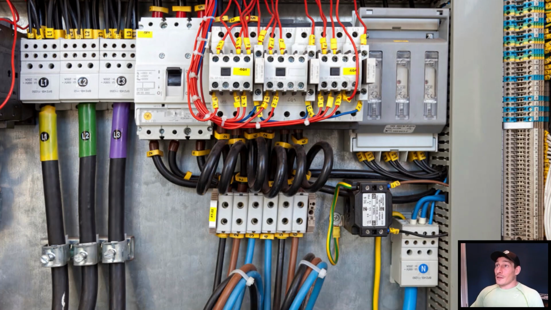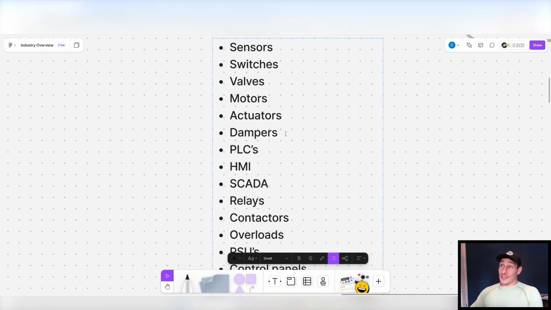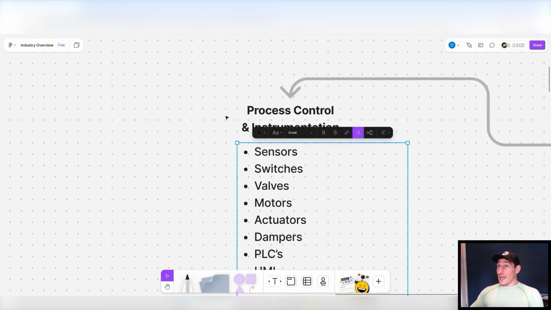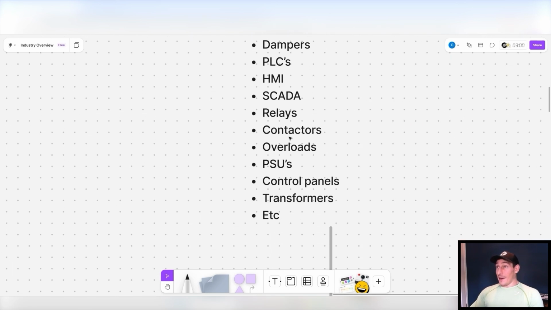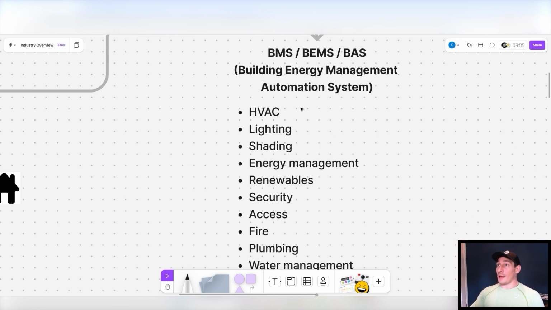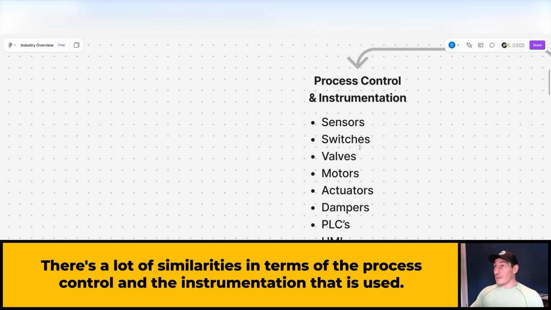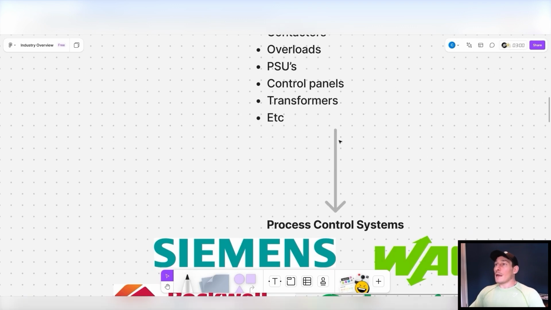Then relays, contactors, overloads, PSUs, control panels, transformers, etc. And what you'll see is a lot of these are the specific field hardware or parts hardware that make up a lot of the things in the building energy management system sector. So there are a lot of similarities there in terms of the process control and the instrumentation that is used.